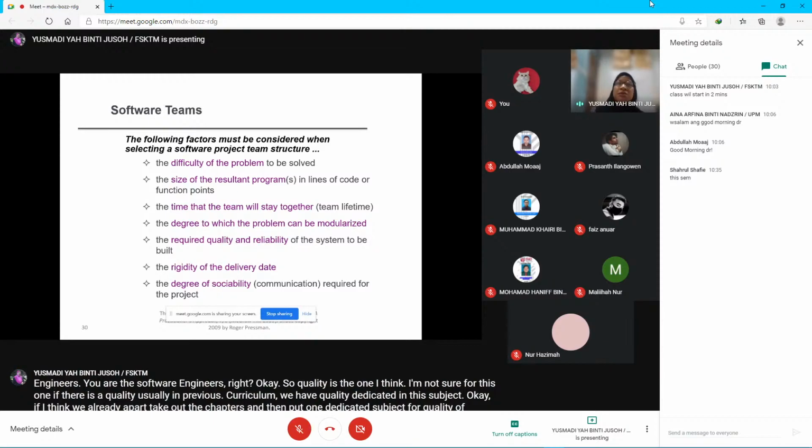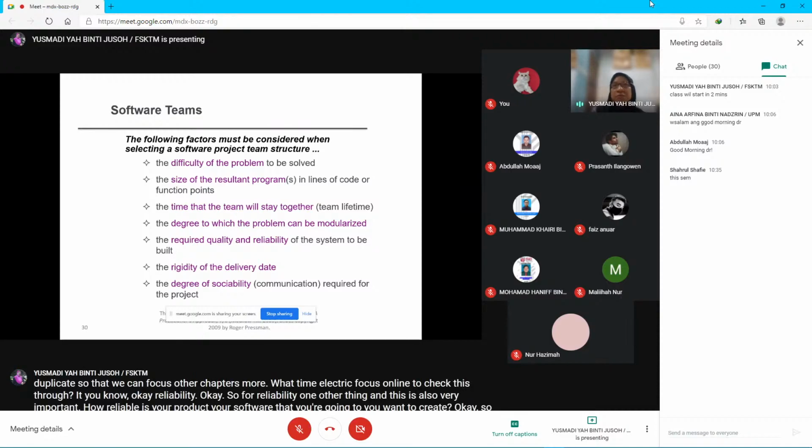Okay, reliability. Software reliability is one of the factors, and this is also very important. How reliable is your product, the software that you want to create? Quality here is not only when you put it on testing, it passes everything, and then you say we are producing a good software.